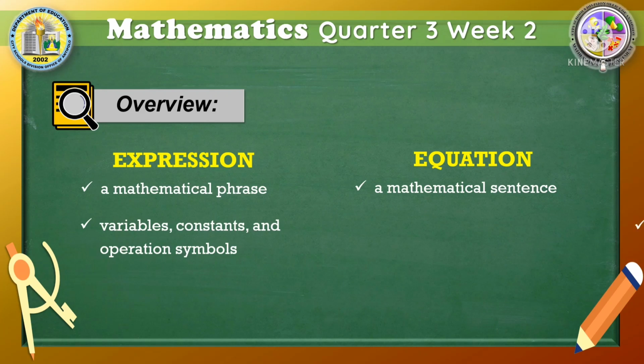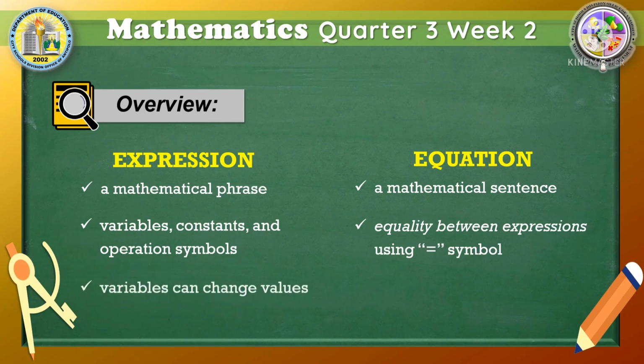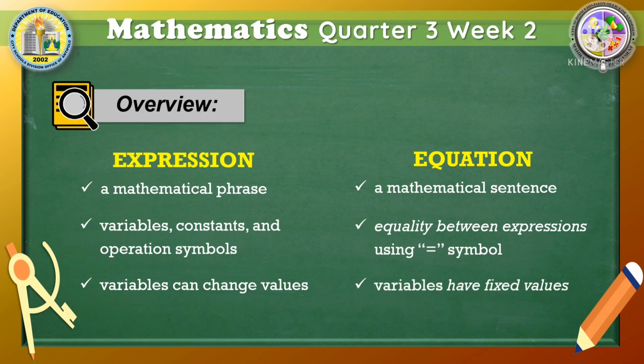However, only an equation uses the is equal to symbol since it indicates equality between expressions. Lastly, an expression has variables that can change values, while an equation has variables that have fixed values.